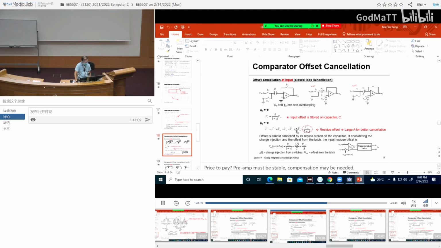So now I open up the bracket and solve it, and you find that the effective offset has been reduced by 1 plus A. So if I make A as big as possible, I will get better and better offset cancellation.